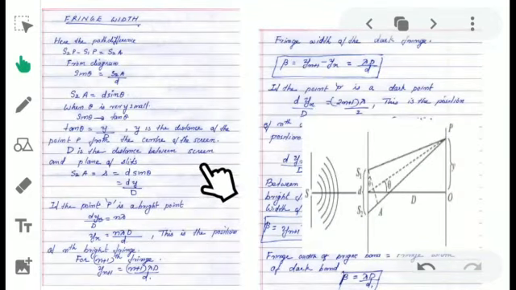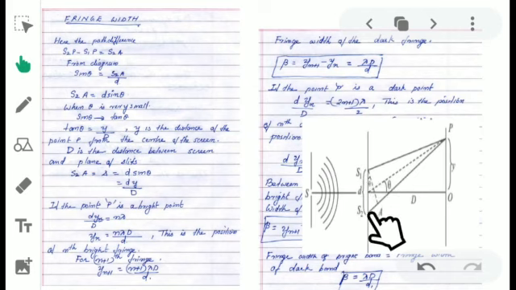Now see, here the path difference is equal to S2P minus S1P. What is S2P minus S1P? That is S2A. See the diagram here. From the diagram, if you take the triangle S1AS2, then what is sin theta?